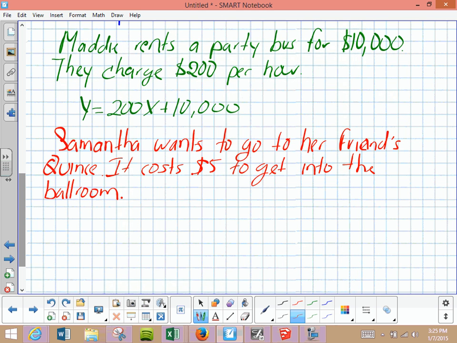Uh huh. Inside, there's a charge of how much? $1.50. Dang it. Yep, that's fairly right for a drink.